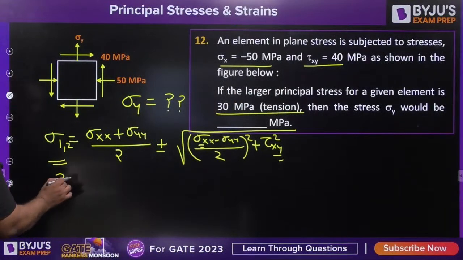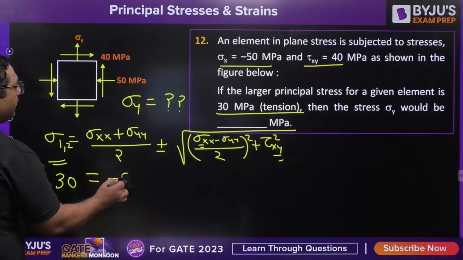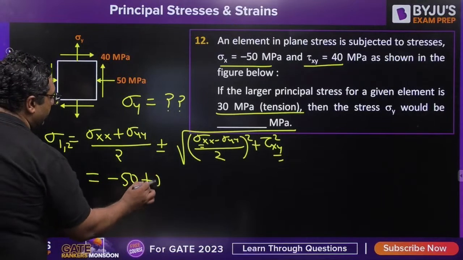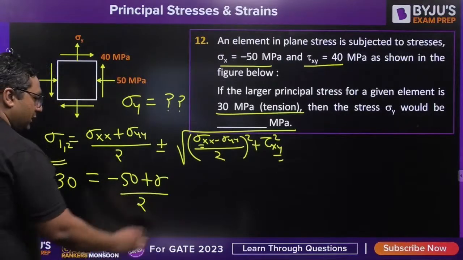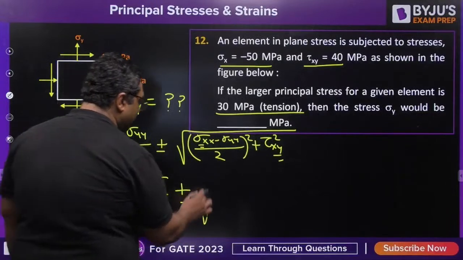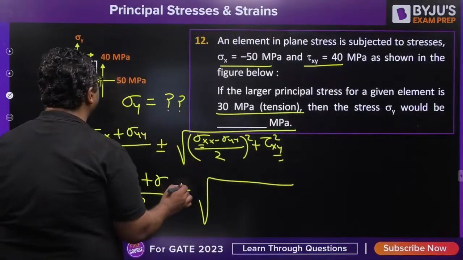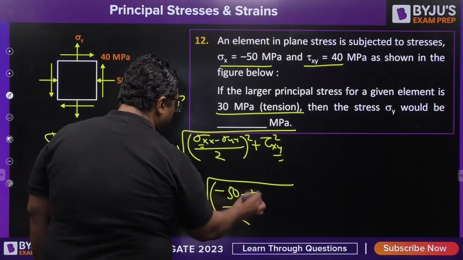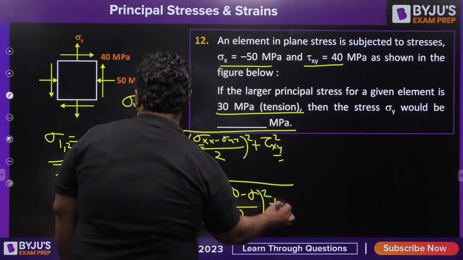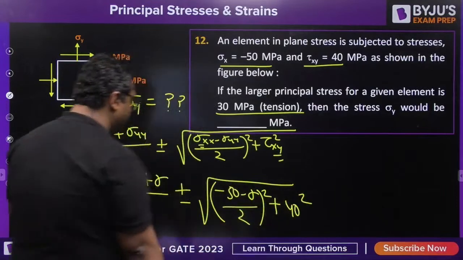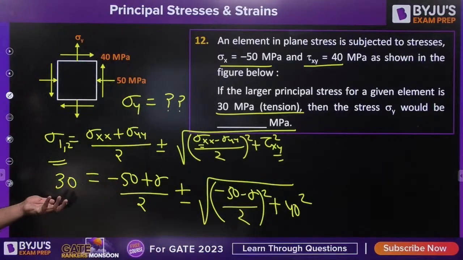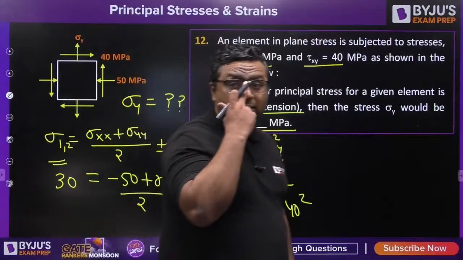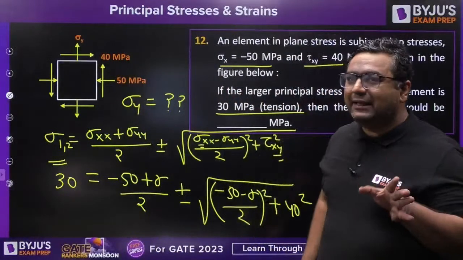Put the value here: 30 minus 50 plus sigma by 2 plus minus. What is sigma xx? It is minus 50 minus sigma by 2, whole square, plus 40, whole square. Just take this on this side, square both the sides, you will get the answer. Yes, it is having lengthy calculation.